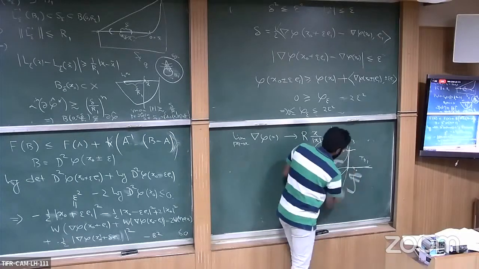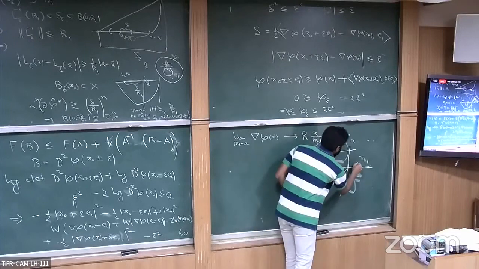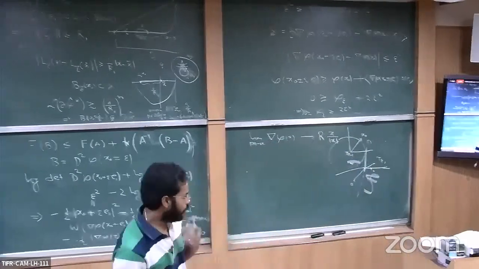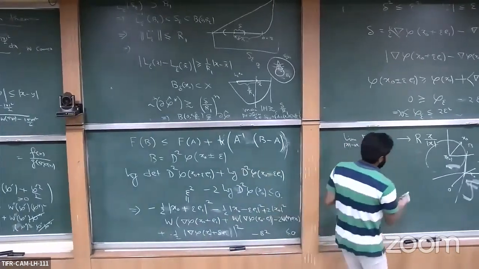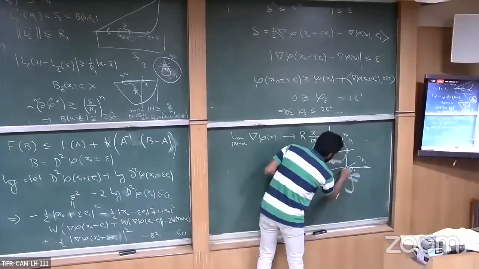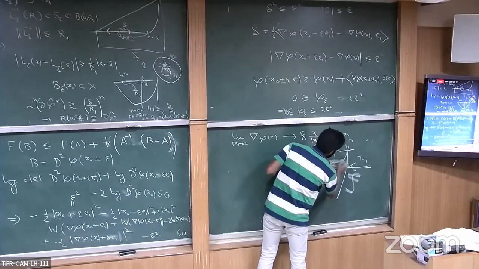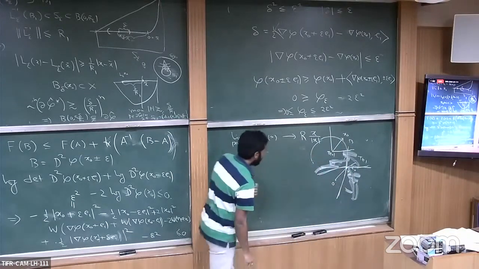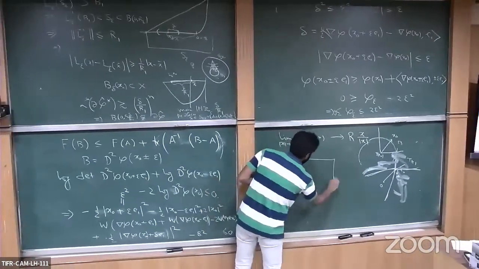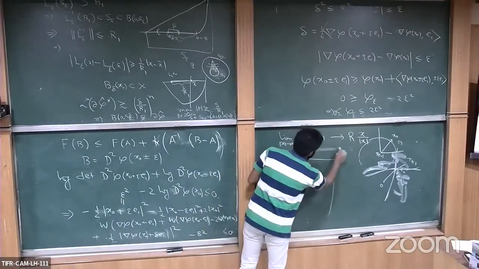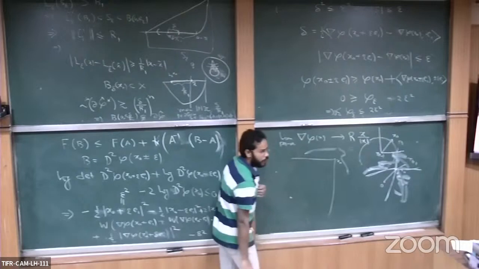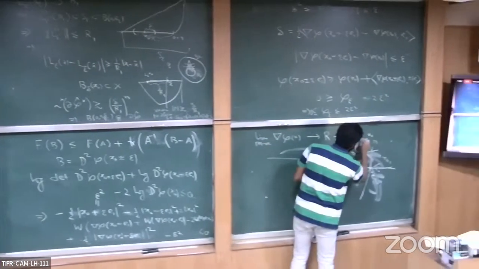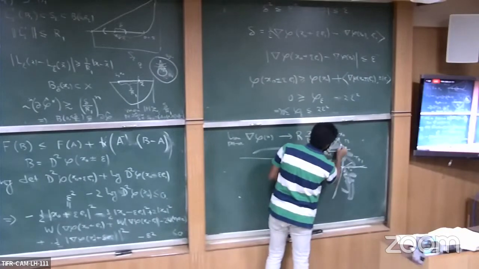Because if you have a point image here, then the angle has to be less than or equal to pi by 2. So basically it has to come from somewhere here. This is the zone, and this is the point x naught. If your x naught is sufficiently far, this portion would go to 0, which in turn implies that the area of this portion will go to 0.